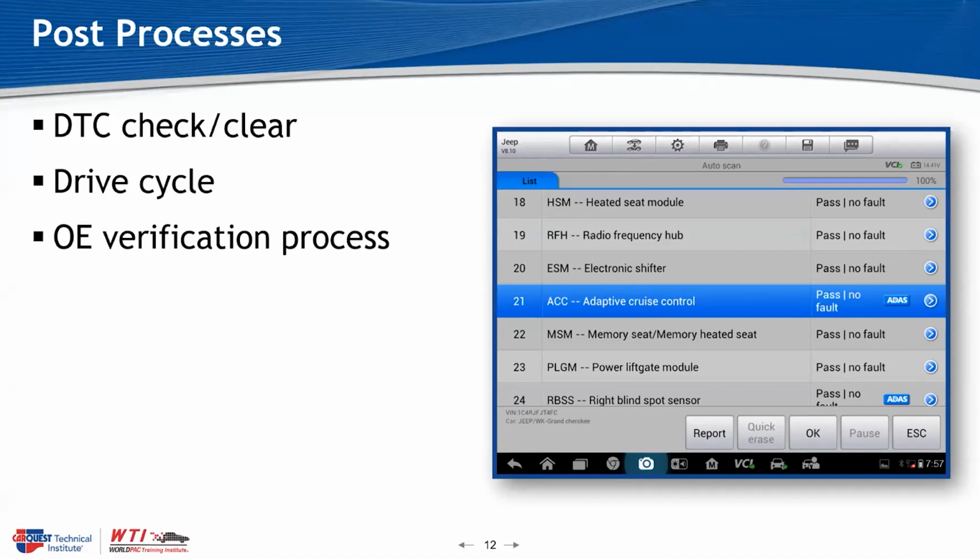I do a DTC check and code clear if the calibration went through successfully, because there's almost always a DTC that's set during a calibration, depending upon the vehicle model. I don't notice as much with Toyota, but some of the domestics doing dynamic calibrations do set DTCs just from the calibration process. So I'd want to clear that. So I start with a clean slate and then go perform my drive cycle and OE verification process by attempting to use all of the associated systems.